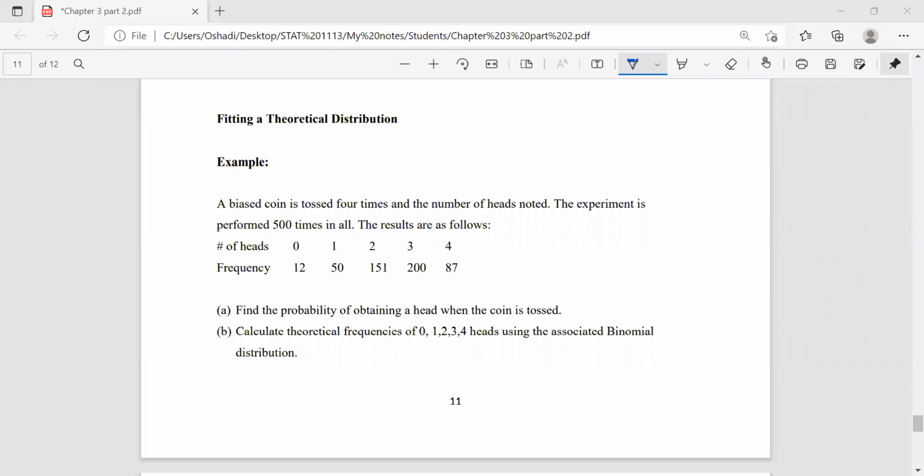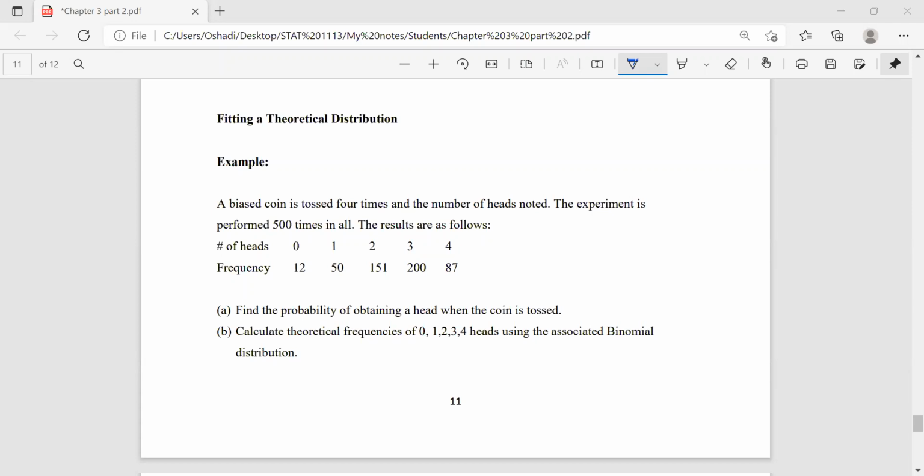So that binomial experiment has been repeated 500 times. Within those 500 times, the number of heads that occur has been recorded. So within 4 tosses of a biased coin, we could get 0 heads, 1, 2, 3, or all 4 tosses could be heads.